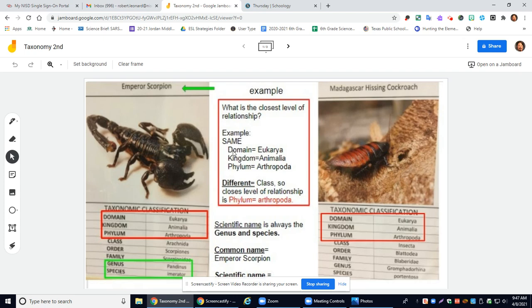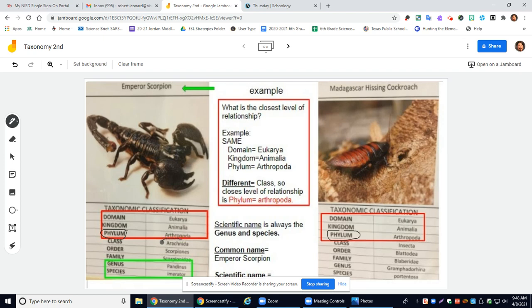They belong to the same domain, and that domain is Eukarya. They belong to the same kingdom, and that kingdom is Animalia. They belong to the same phylum, and that phylum right here is Arthropoda. However, if you go to the next level, do they belong to the same class? No.